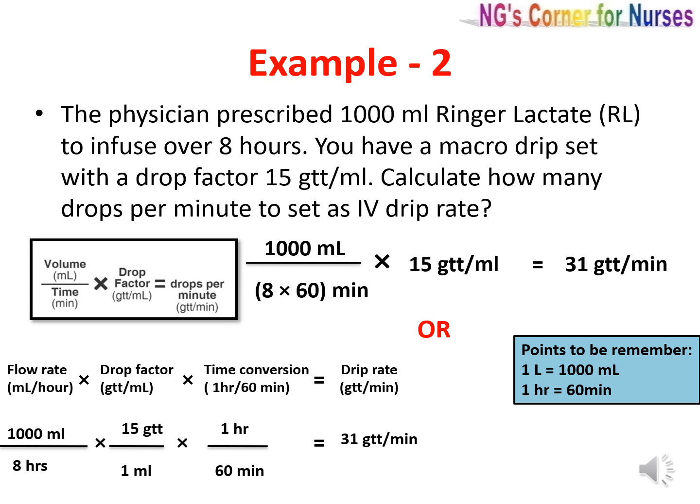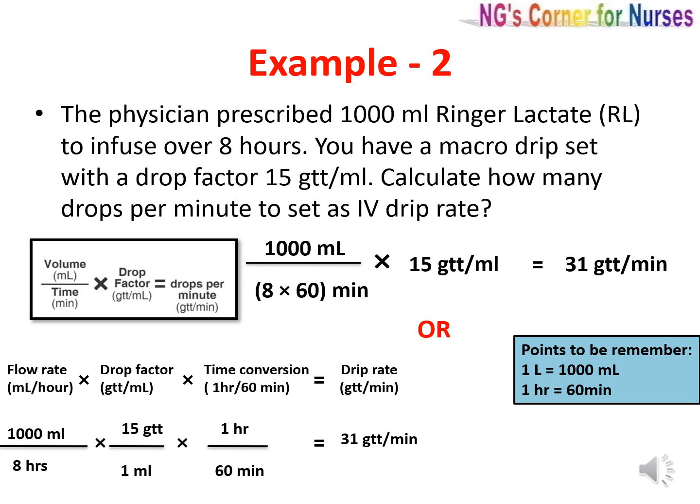But we need the time in minutes and we know 1 hour equals 60 minutes, so we are multiplying 60 with 8 to convert hours to minutes. The drop factor is 15 GTT per ml. By calculating this, we get the drip rate, that is 31 GTT per minute or drops per minute.